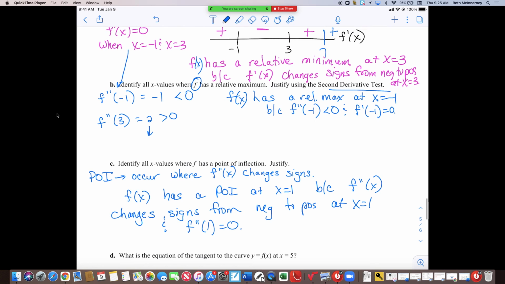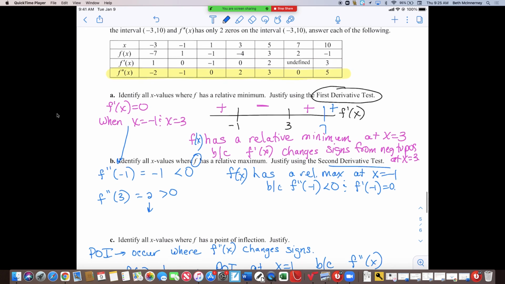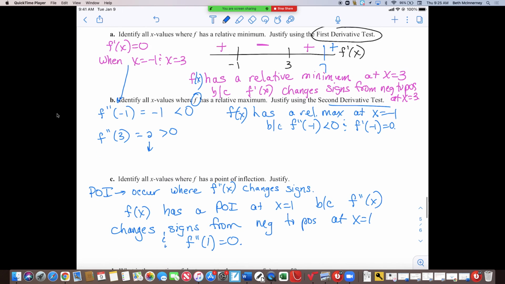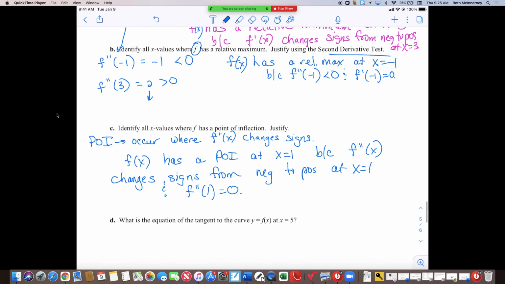That's where it's a potential point of inflection. It doesn't occur at x is 7 because it doesn't change signs in the second derivative. So you do need this piece right here, okay? That piece is important.